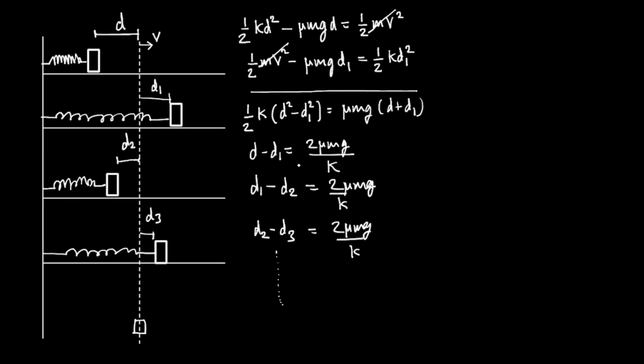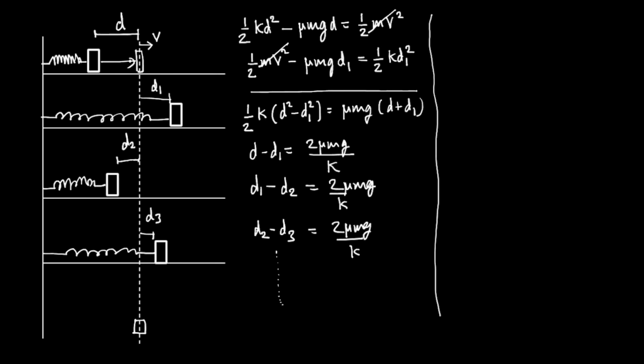Now let us analyze under what conditions the block will stop at the mean position. The first condition is that when the block begins its journey from here, it doesn't cross the mean position and comes to rest only in this distance. It doesn't go this side at all.